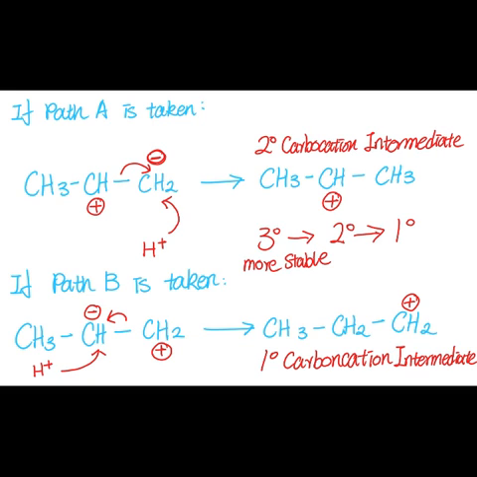But since we say that the secondary carbocation intermediate is more stable, that means they will remain secondary, right? While the primary carbocation intermediate is unstable, so it will break down again and form, and then this process happens again. 50% of that will become secondary carbocation, and 50% of that will form primary carbocation intermediates again.